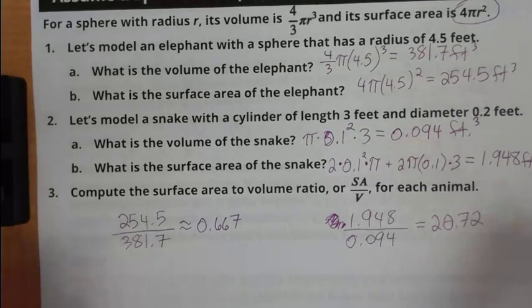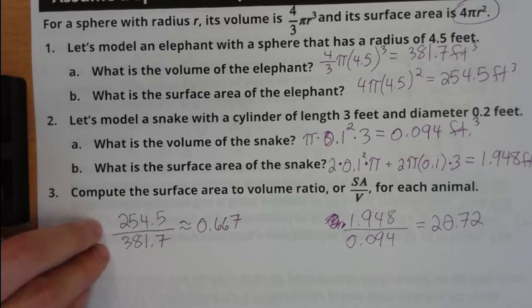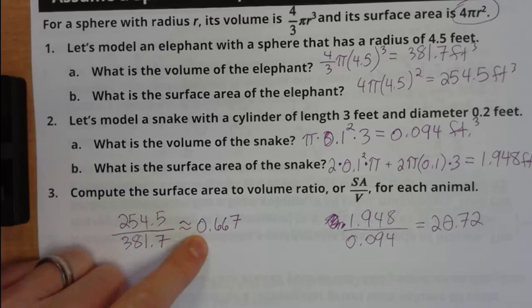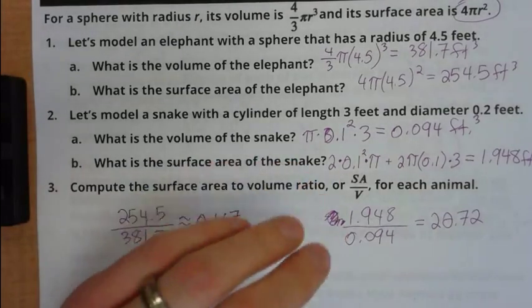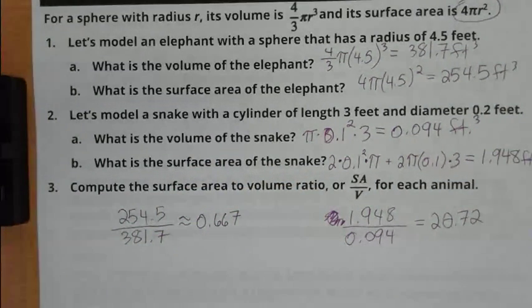So we have an elephant that is much, much larger, and when it's so big and kind of sphere-like in shape, generally speaking, obviously it's not actually a sphere, that is a 2-to-3 ratio of surface area to volume. Now we almost have a 20-to-1 ratio, almost 21-to-1, of surface area to volume.